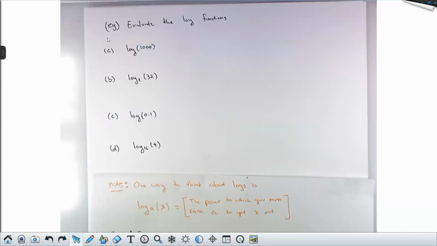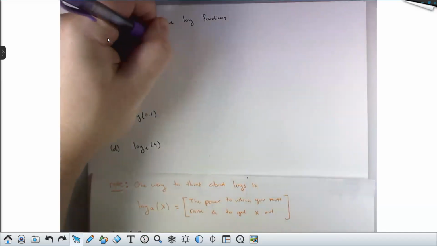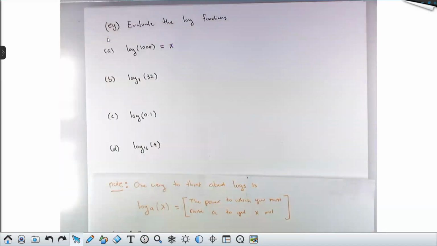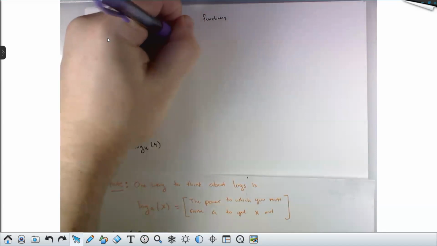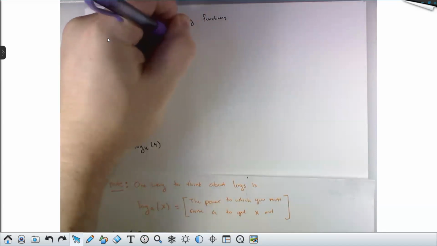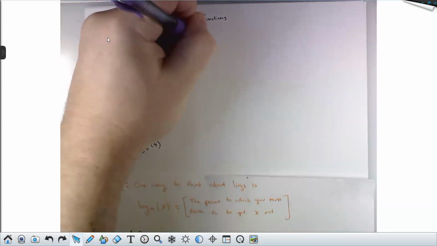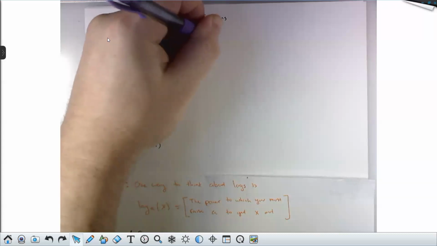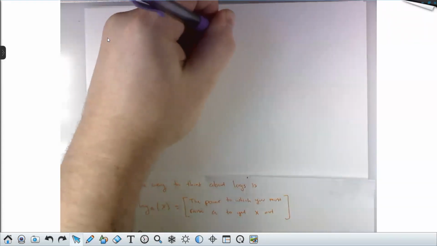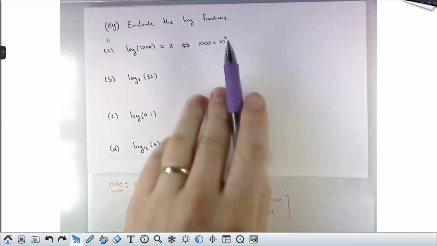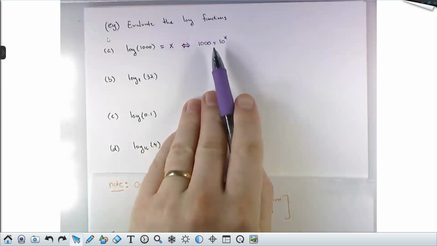So first, maybe it's worthwhile to say we can rewrite each of these as an exponential statement. If I choose to call this thing x, then this is equivalent to saying 1,000 is equal to 10 to the x. In other words, 10 to what power equals 1,000?